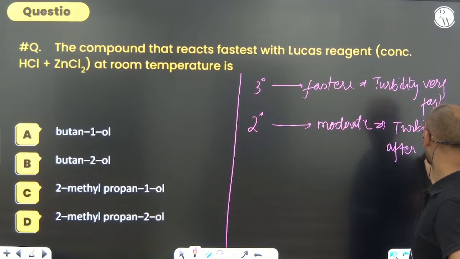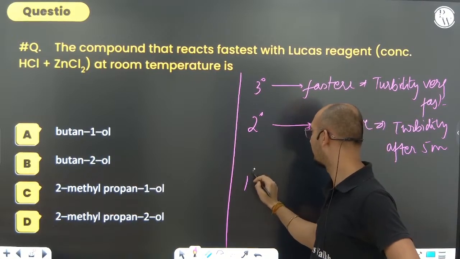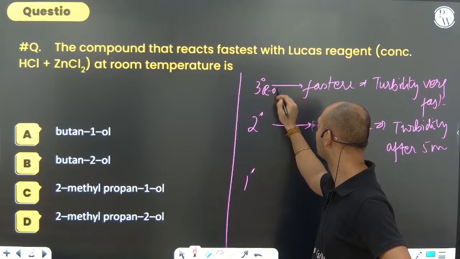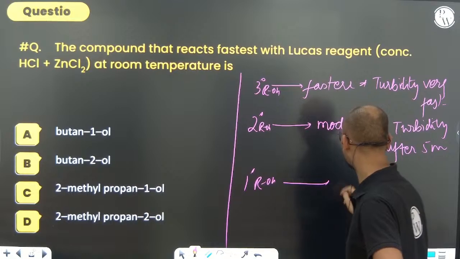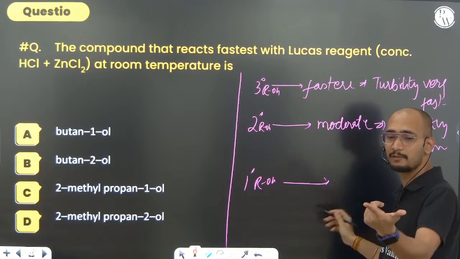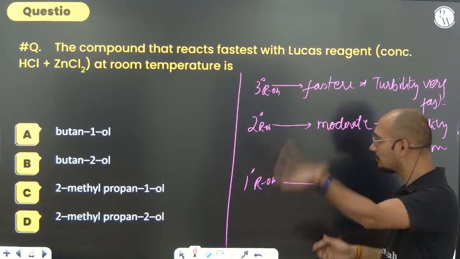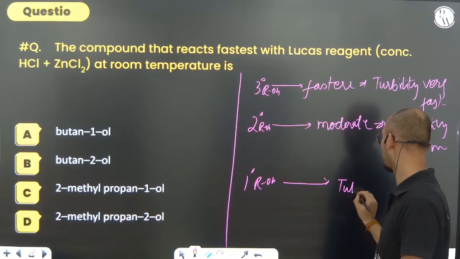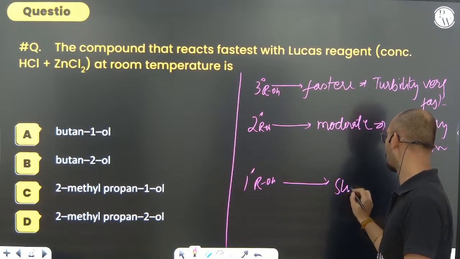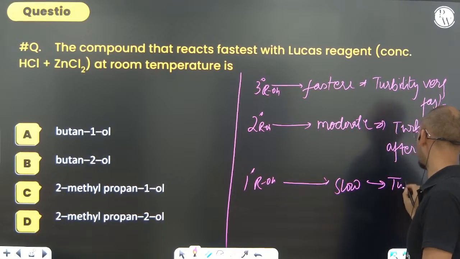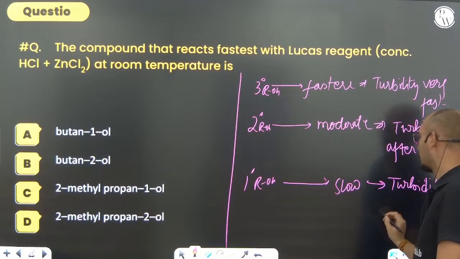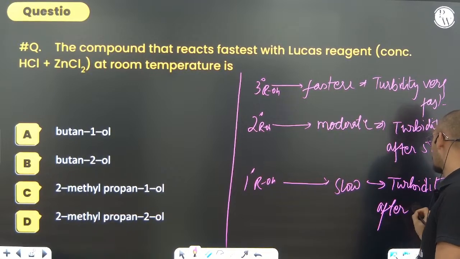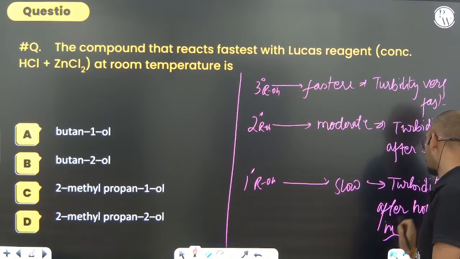But if you take 1 degree alcohol, it does not give turbidity, but it can give turbidity at higher temperature. It is very slow first of all, and turbidity comes after hours at elevated temperature.